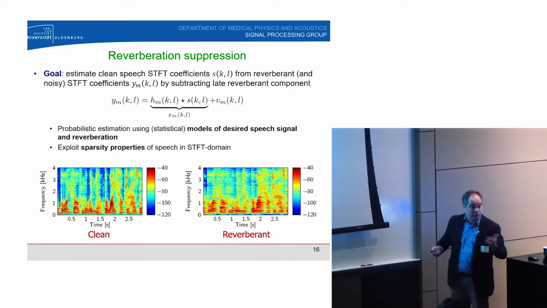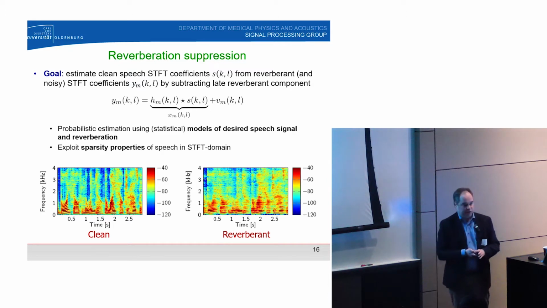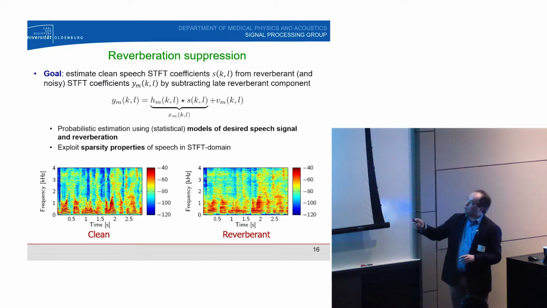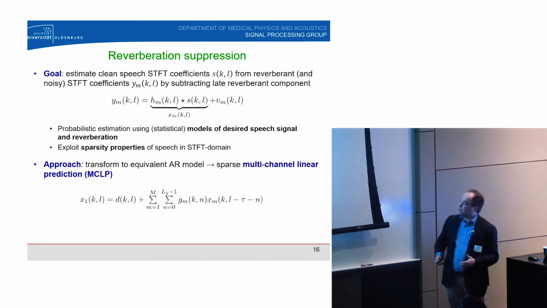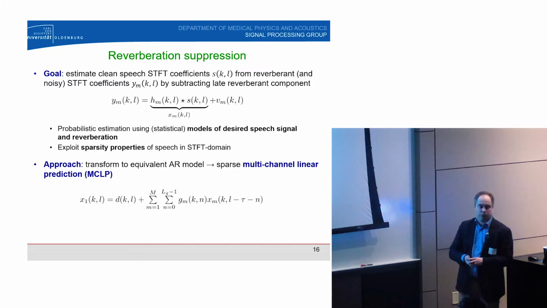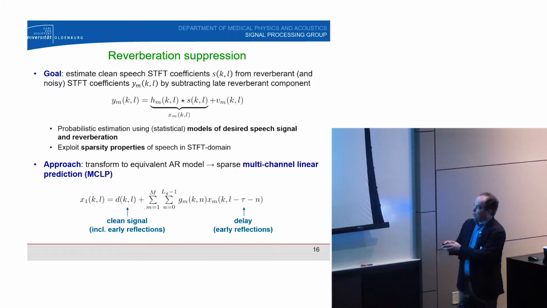Because most of you will know that the reverberant speech signal is less sparse than the clean speech signal. Or you could say it the other way around. This kind of model can be transformed as follows: to an equivalent autoregressive model where the reverberant signal in some reference microphone is equal to the clean signal, including some early reflections, plus a sum of filtered and delayed microphone signals.